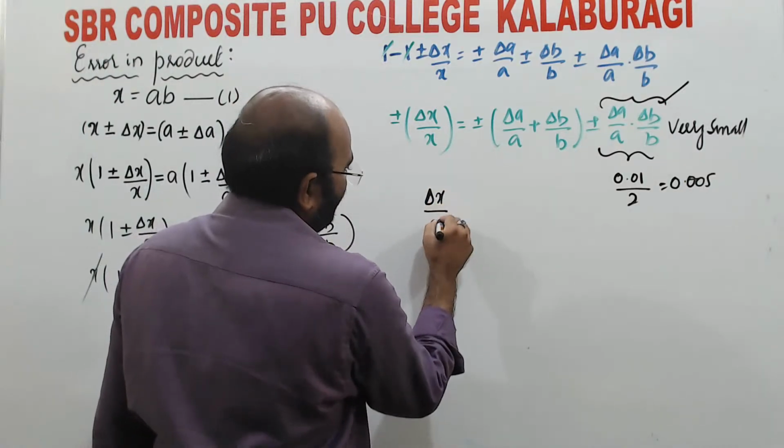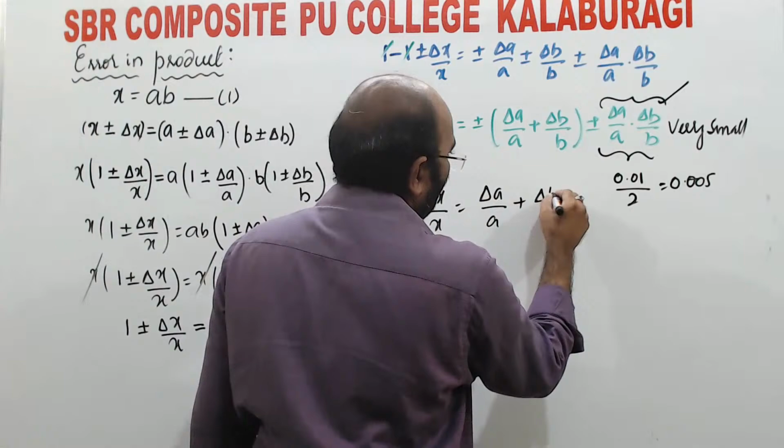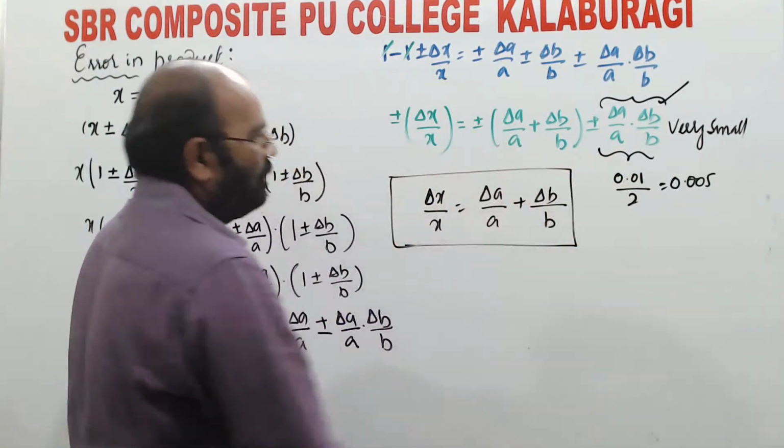Delta X by X is equal to delta A by A plus delta B by B. This is what we call errors in product.